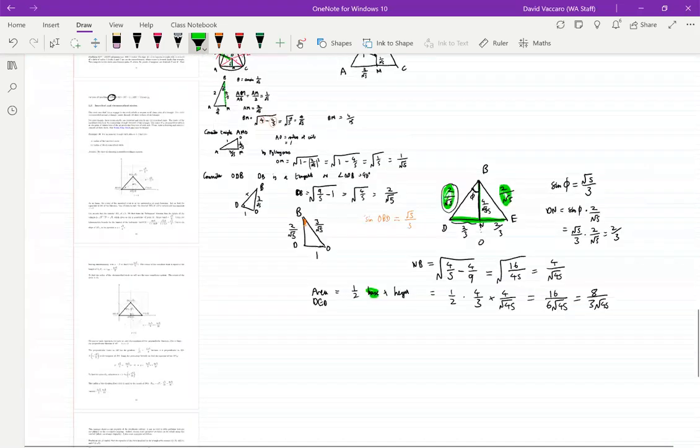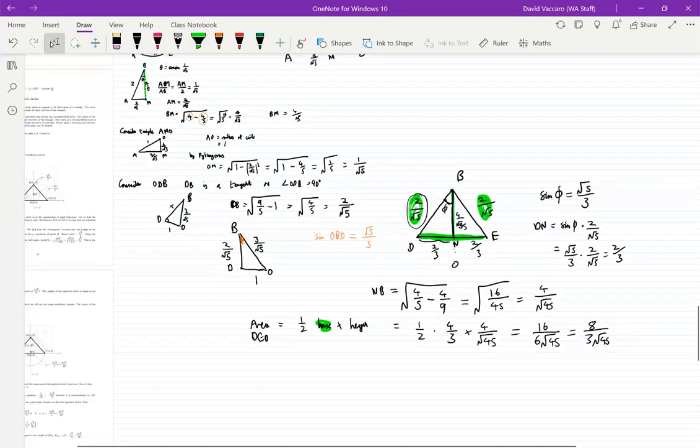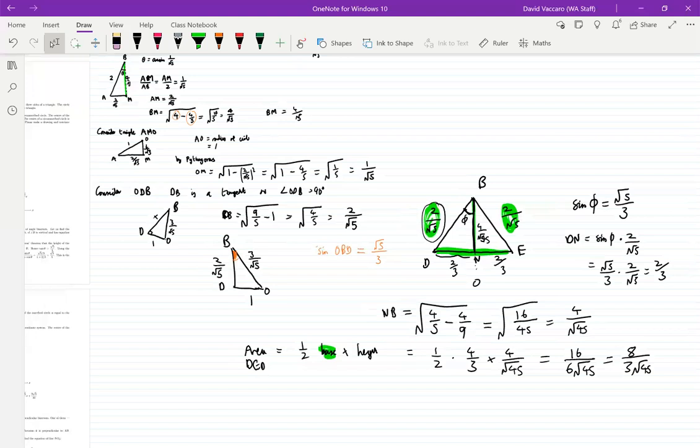Okay. I would need to think about it to see if there's a nicer way of doing it. I'd also need to double check that I haven't made any arithmetical errors along the way, but this is certainly a method that would work.